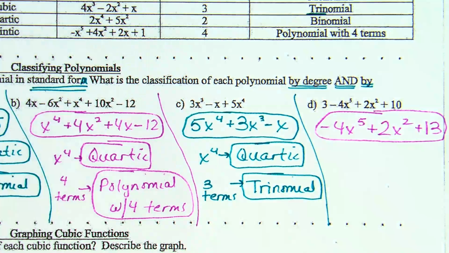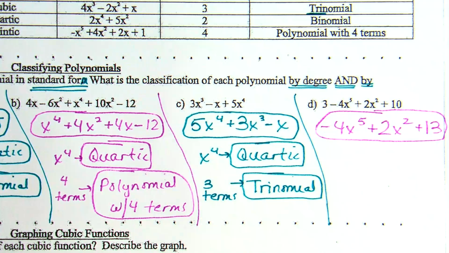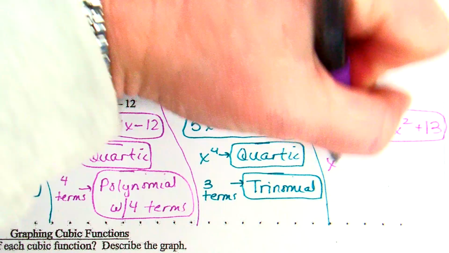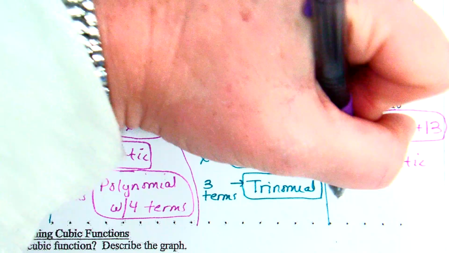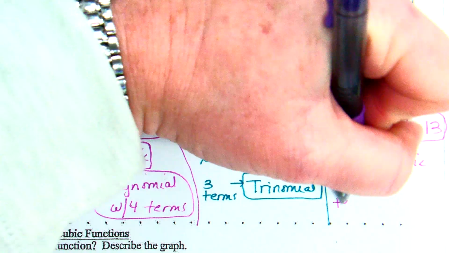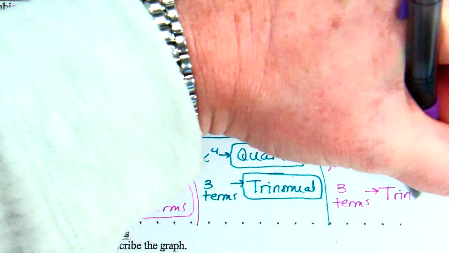And it is, let's say, quintic trinomial. Okay, highest power is x to the fifth. Definitely makes it quintic. There are 3 terms, which makes it a trinomial.